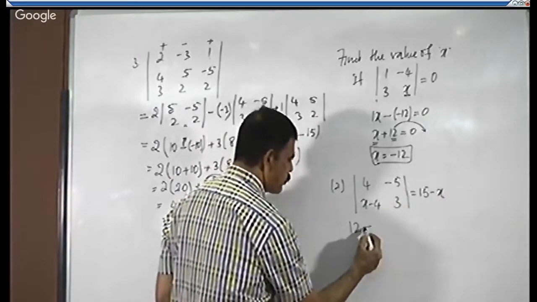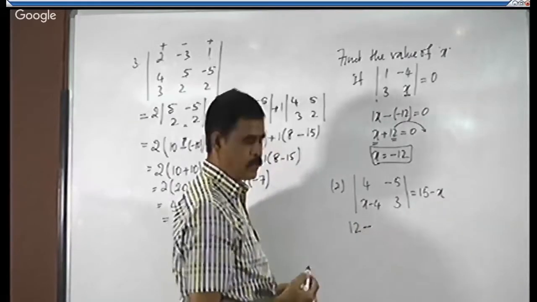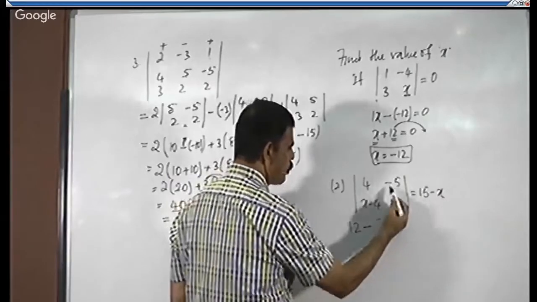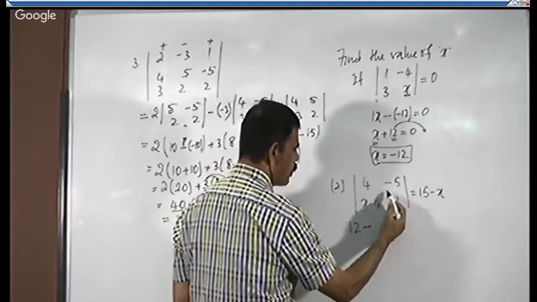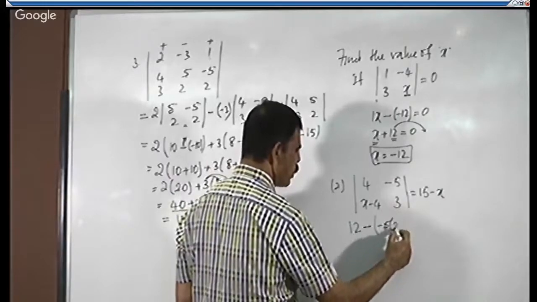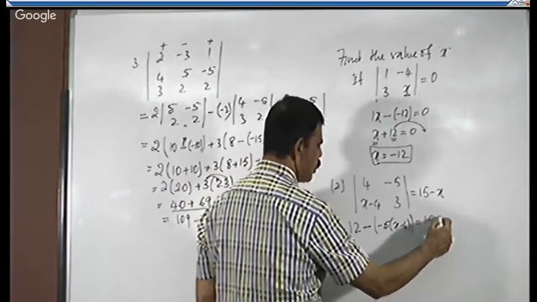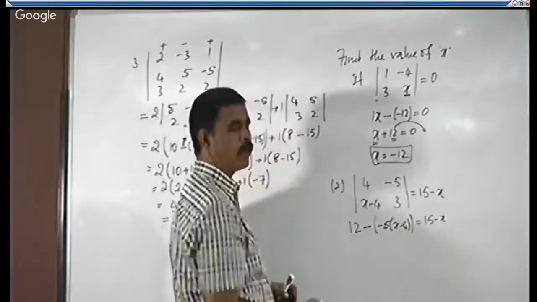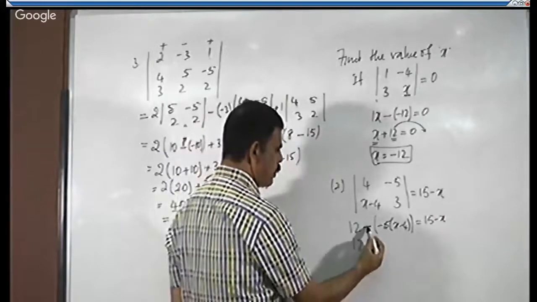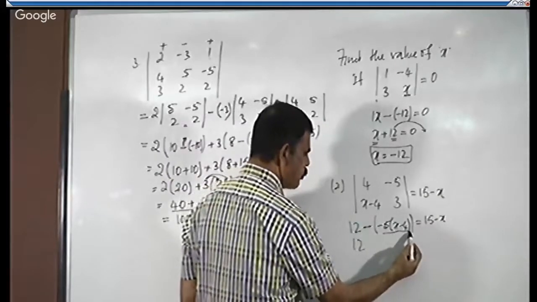This is formula minus. Here you have to take care while writing the symbols, so that it does not lead you to confusion. Write the formula minus, then take the product of these two. We have a minus 5, right? Put a bracket, minus 5 into x minus 4. If you write it separately, you will not have any doubt. Okay, 12. This minus into minus plus, otherwise you first simplify this bracket.